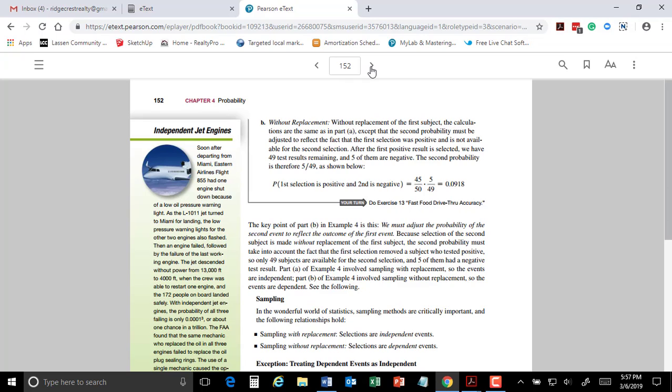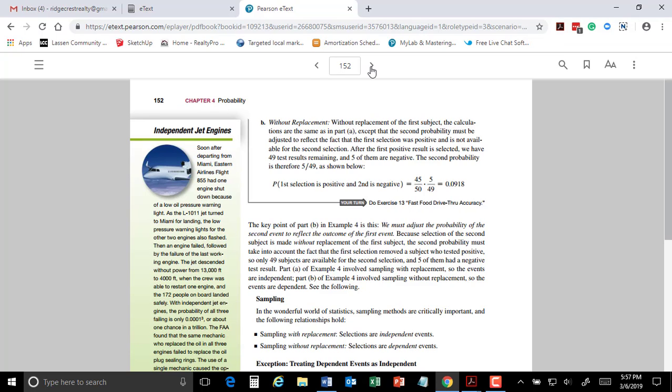Let's take this case just for example. Look at what happens. This, they're saying, is a process without replacement, so I know they're not independent events. The first calculation is fine, but the second probability must reflect that.